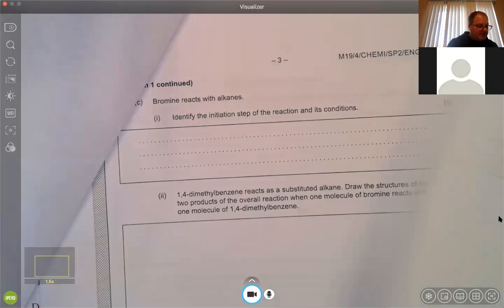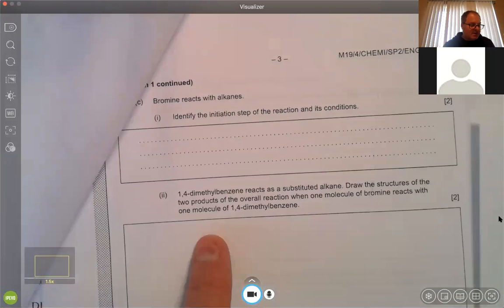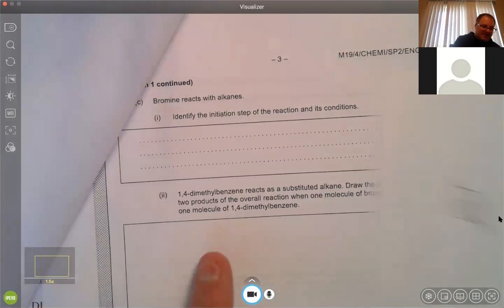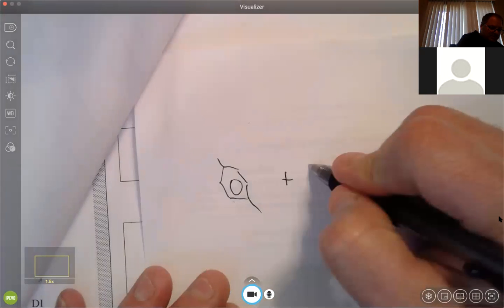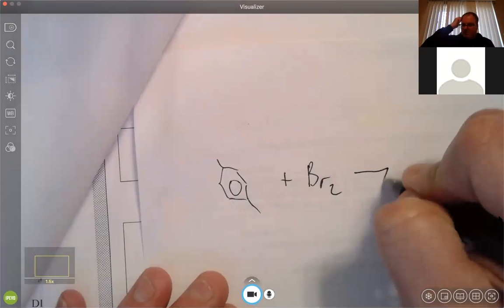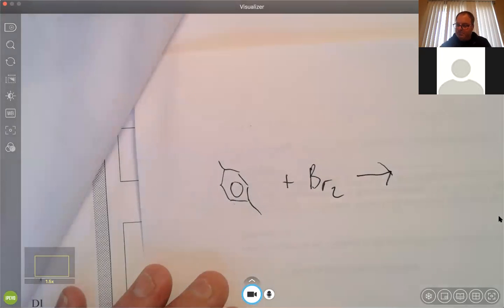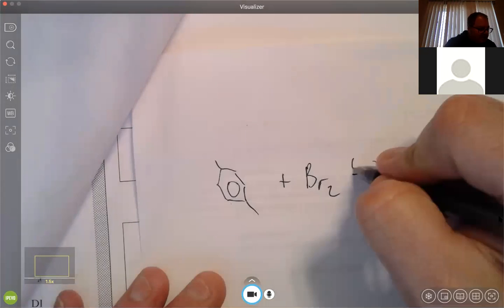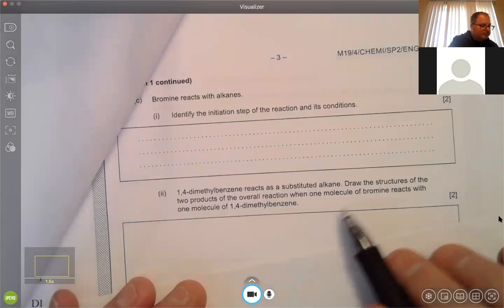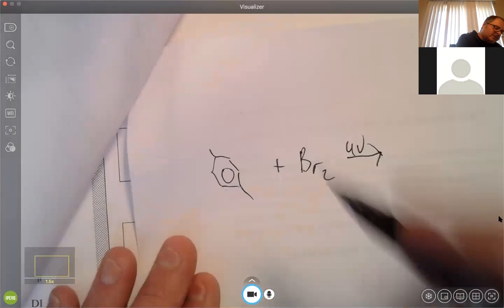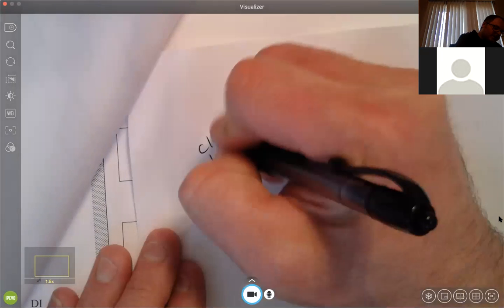This doesn't have anything about us having to do the propagation or anything on it. So if we have that, we basically could do the Br2. What do we need to put above this arrow? UV light. Does it say anything about drawing? If we wanted to make sure that we could see this better, we could put the CH3 up here.